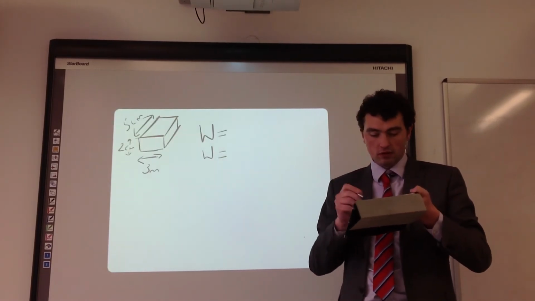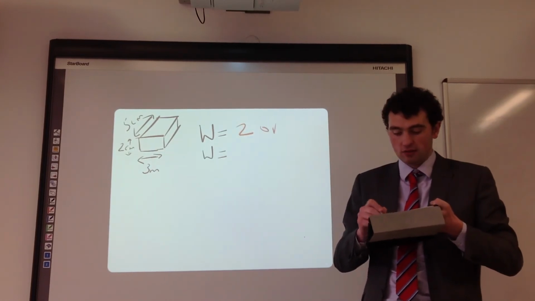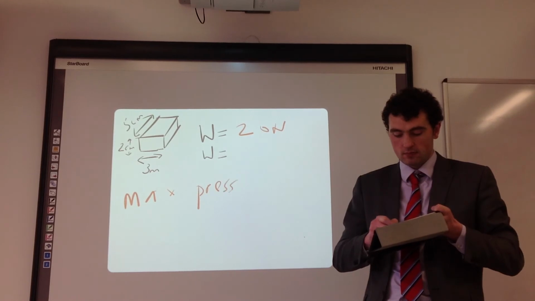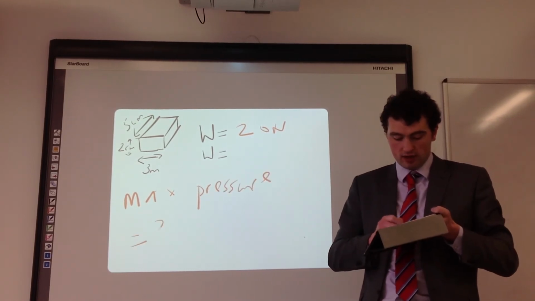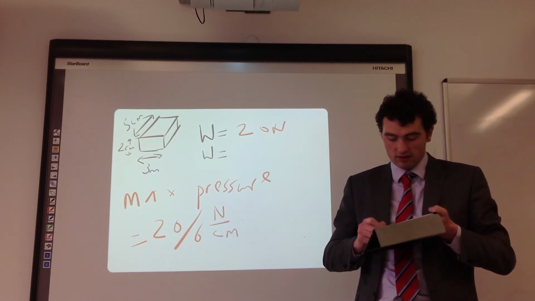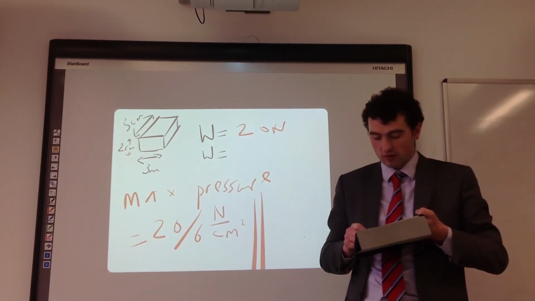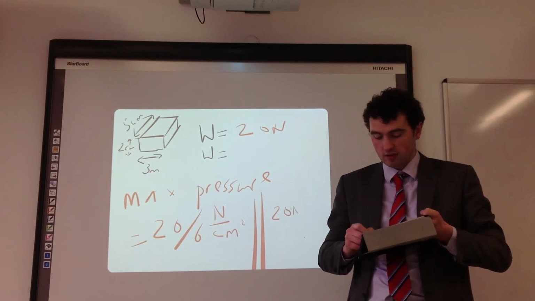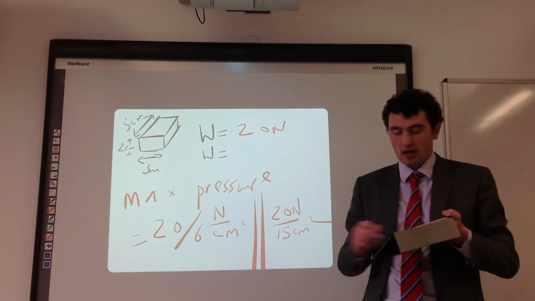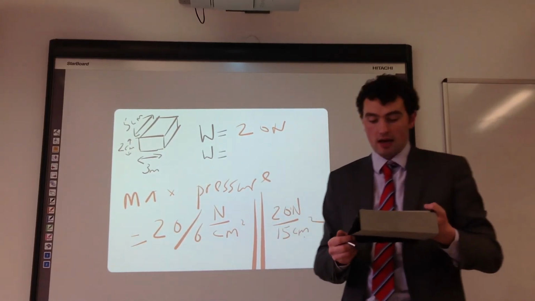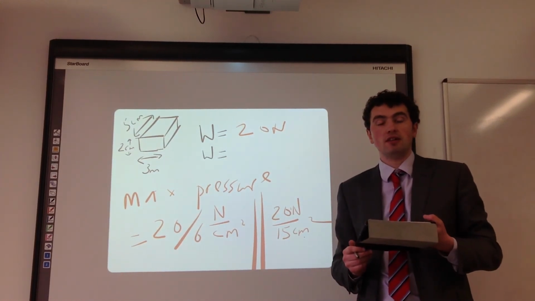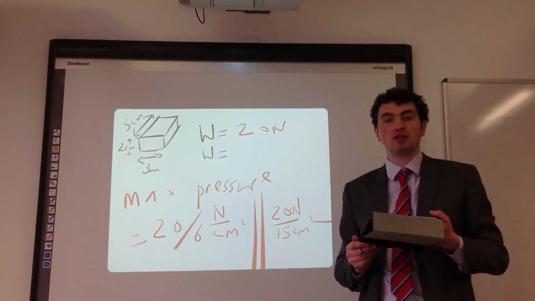So, just over the page, the weight is 20 newtons and the max pressure equals 20 divided by 6 newtons per centimetre squared, and the minimum is going to be 20 newtons, because that's not going to change, over 15 centimetres squared. If you just cancel down the numbers and keep the units, that is the correct answer. Okay, that is all that you need to know on pressure for solids pushing against solids.